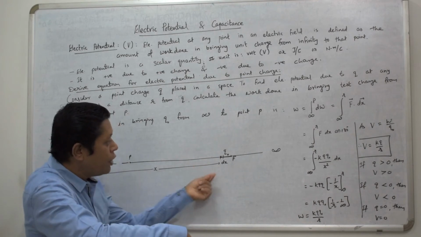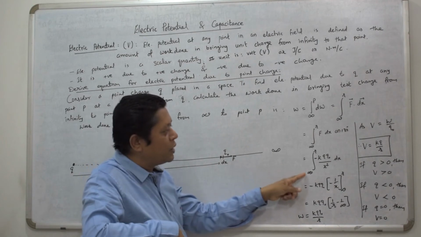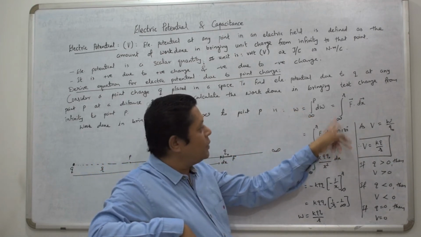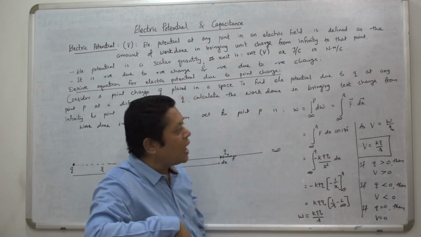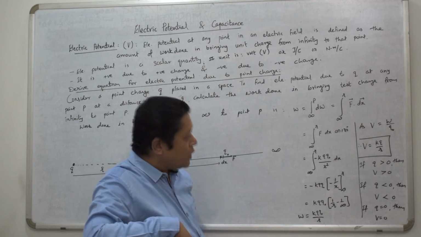We want to find the work done in moving the charge from infinity up to point P, so we will integrate over the range infinity to point P. Infinity is at distance infinity, and point P is at distance r, so the range of integration for x is from infinity to r.